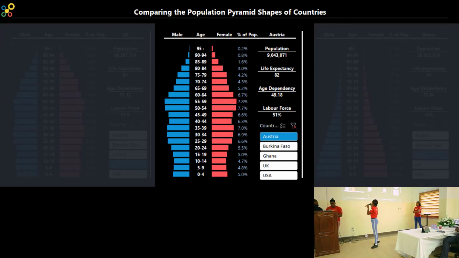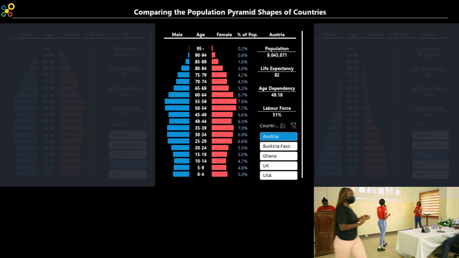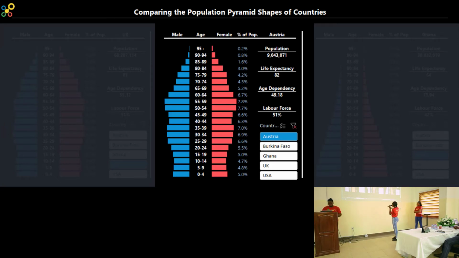That means we have an almost equal percentage of the population across the age distribution. Also, this is typical of developed countries with high standards of living and high life expectancy, as you can see in the case of Australia. The life expectancy is 82.